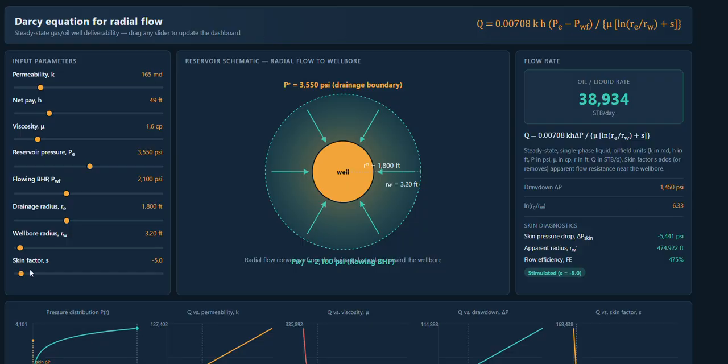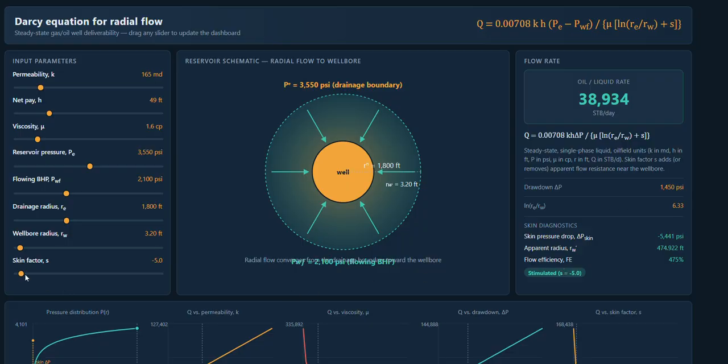So for this one on the right, the big number is your flow rate, Q. Below it is the skin diagnostics box. It shows the skin pressure drop, your apparent wellbore radius, and your flow efficiency, with a colored pill telling you if the well is damaged, undamaged, or stimulated.